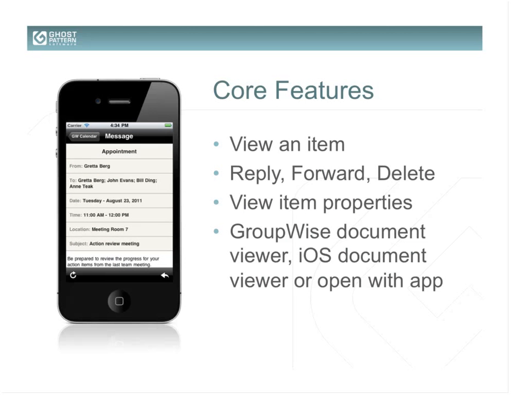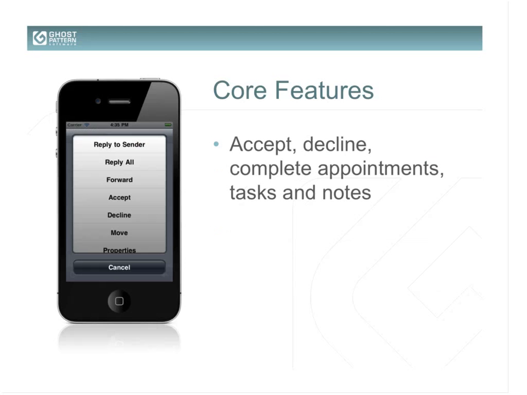Now, of course, all the standard features, just like in GW Mail, are there in terms of replying to an item, forwarding an appointment, all of those kinds of things. Viewing attachments works just fine. Now, one thing that's going to be a little bit different when you're interacting with an appointment is that you have additional different options. So, for example, you don't usually delete calendar appointments, right?